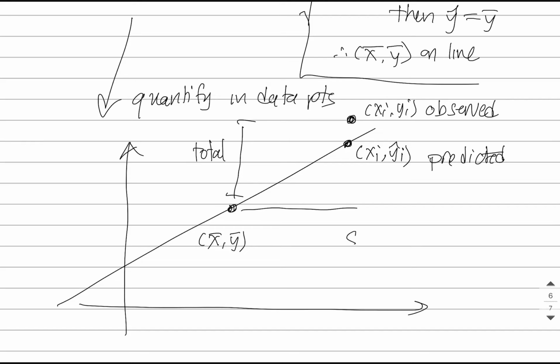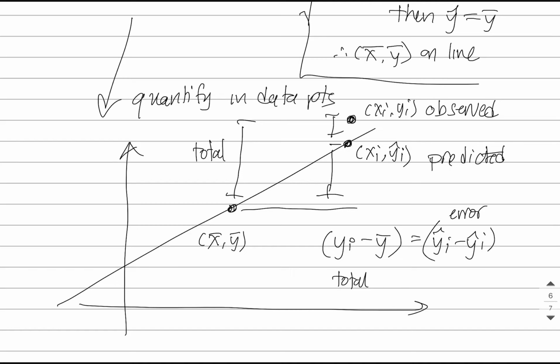So you could think of yi, the observed, minus y mean, that total distance, as a sum: the sum of yi minus yi hat, which you could think of as the error, plus yi hat minus y bar, which you could think of as the linear part.